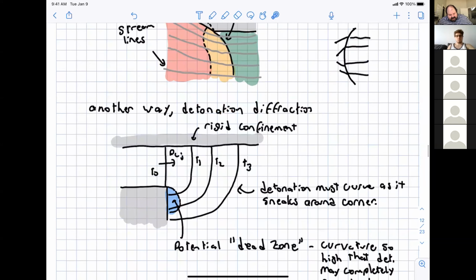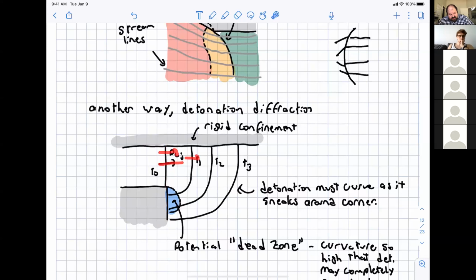And as I said before, another way to get curvature is through a process called detonation diffraction. So here I have the position of the detonation, or the lead shock of the detonation, at 4 different times. Basically at T naught, it's sneaking in this channel here, and then all of a sudden this channel opens up to a big chamber of high explosive, and then this detonation wave will propagate.